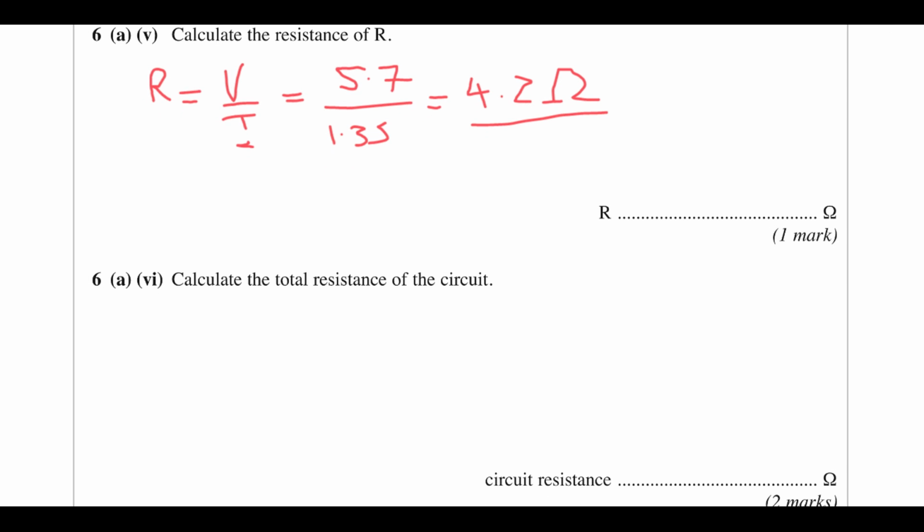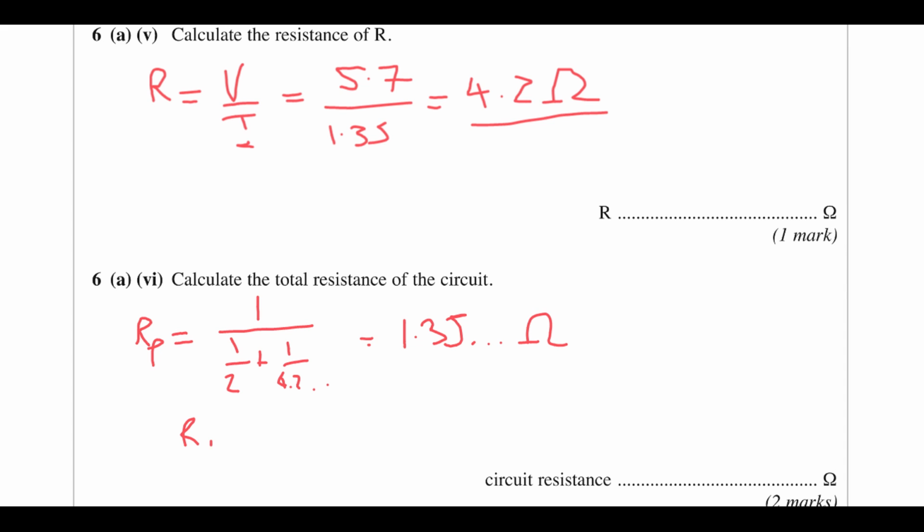Calculate the total resistance in the circuit. So the resistance of the parallel section is 1 over 2 plus 1 over 4.2. So let's work that out. So 1 over our answer plus 1 divided by 2, 1 divided by that gives us 1.35 ohms.